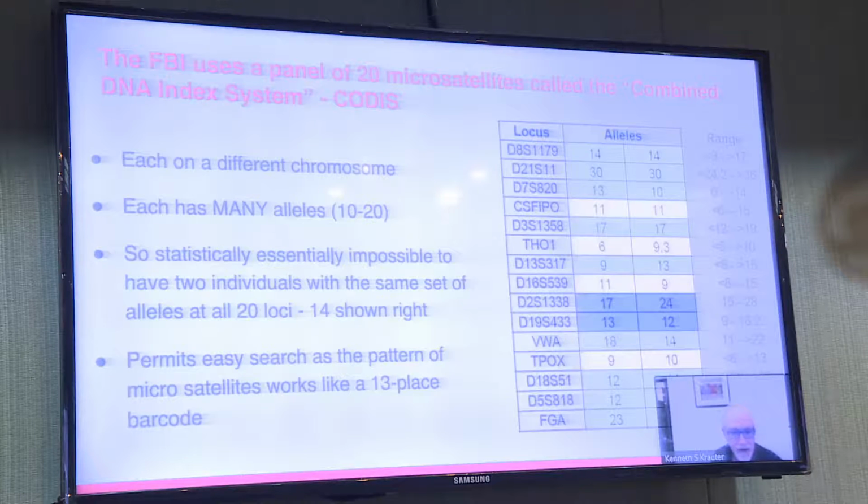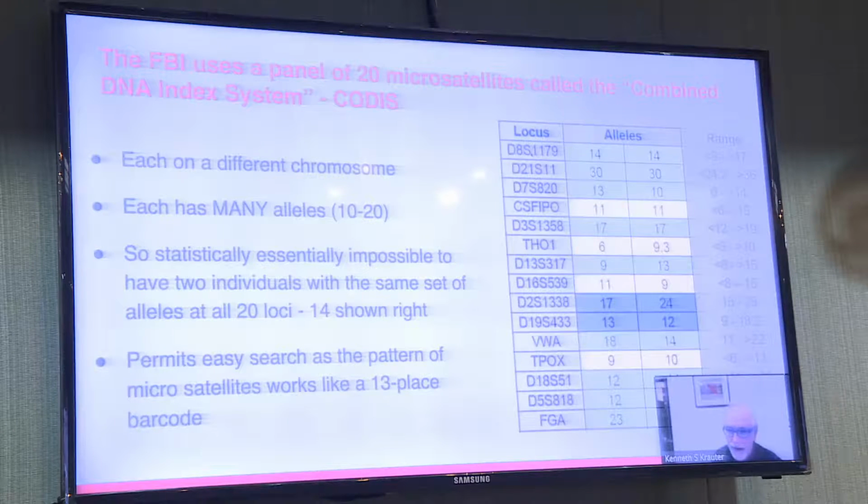They use these same microsatellites in every individual in which they do DNA typing. So every person who's accused or convicted of a felony in America now must give up a DNA sample, and this CODIS panel is performed on it.